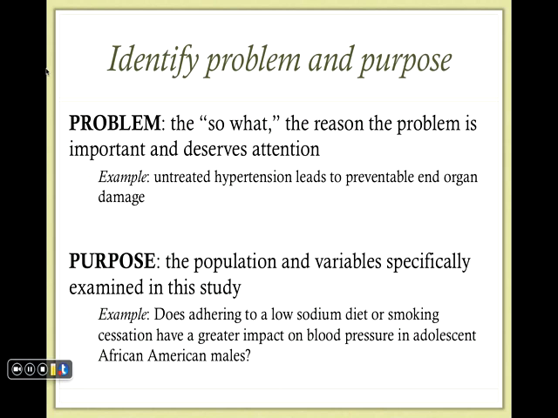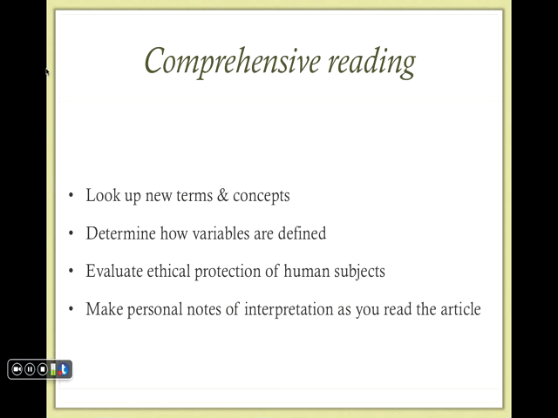Purpose is the population and the variables specifically examined. So an example of that is, does adhering to a low sodium diet or smoking cessation have a greater impact on blood pressure in an adolescent group of African American males?